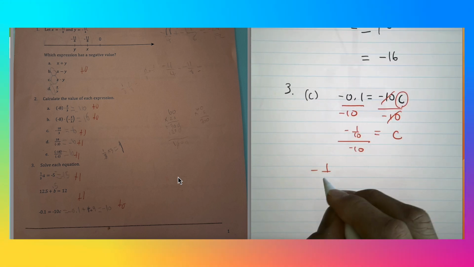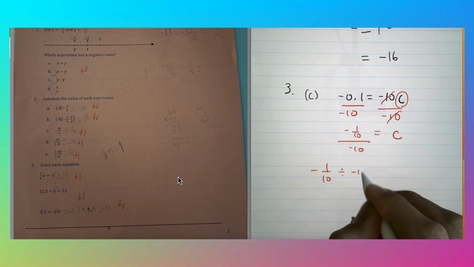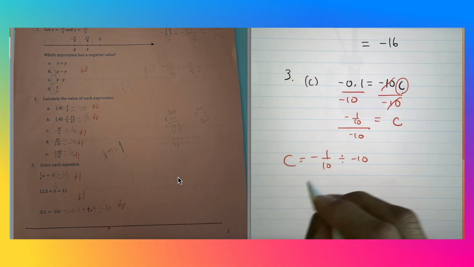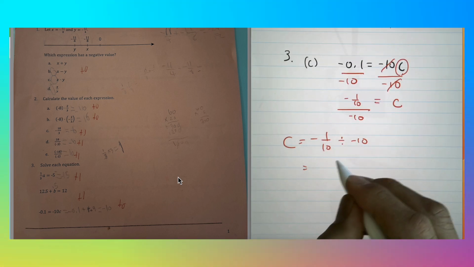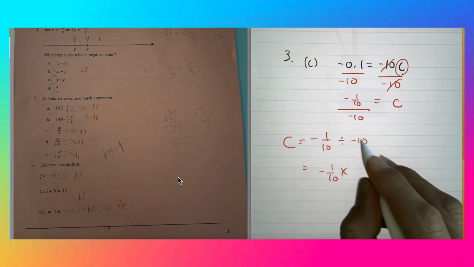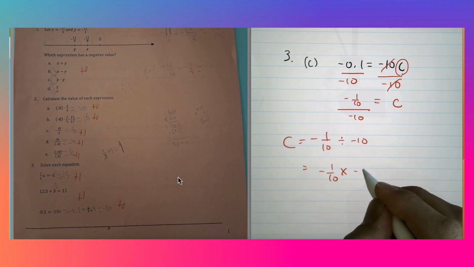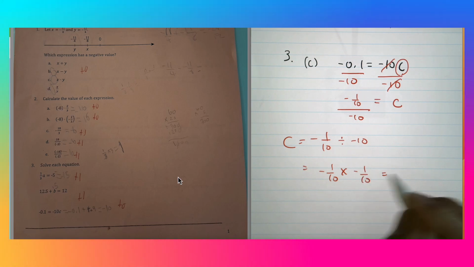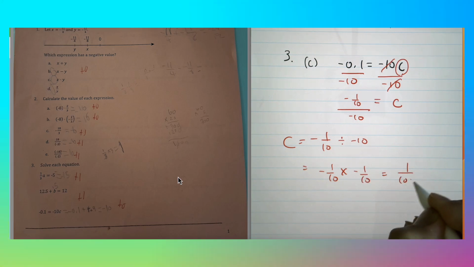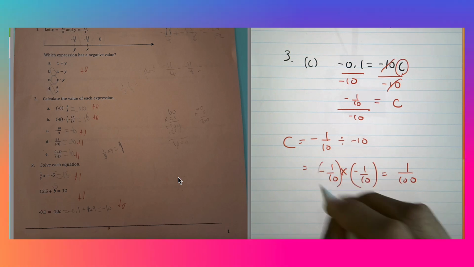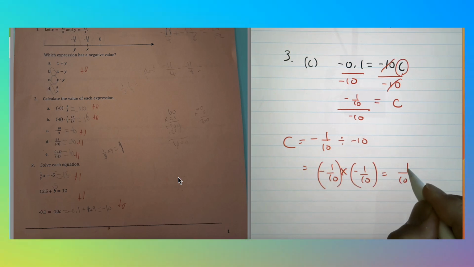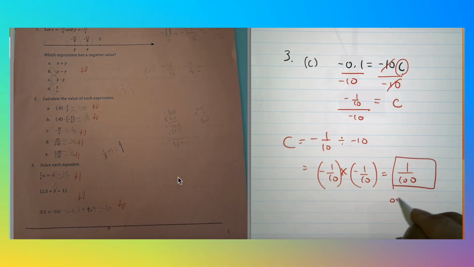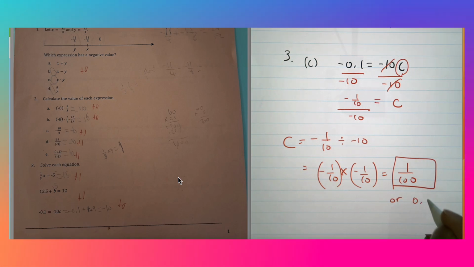Now it's essentially negative 1/10 divided by negative 10, and if you divide by any number, you multiply by its reciprocal, negative 1 over 10, so it becomes 1 over 100. And please don't forget, negative times negative is always positive. So 1 over 100. If you want to leave your answer as a decimal, it will be 0.01.